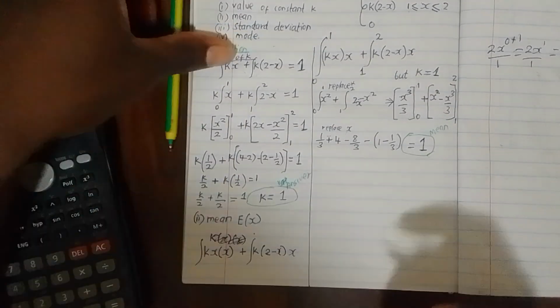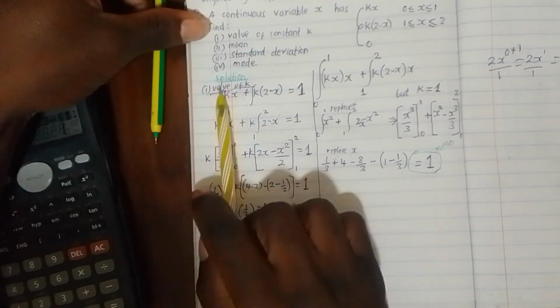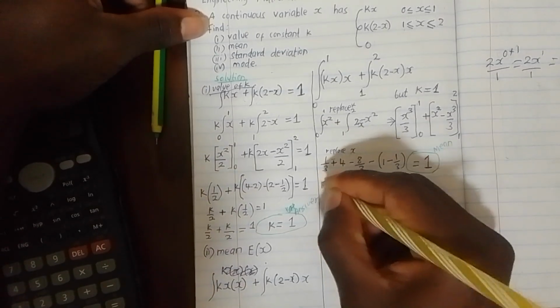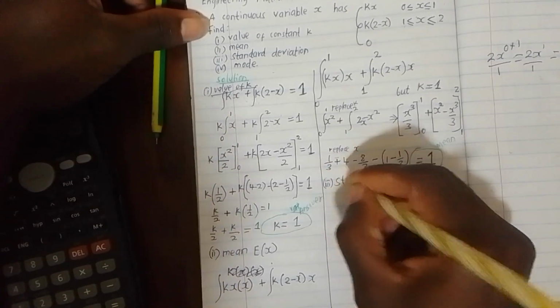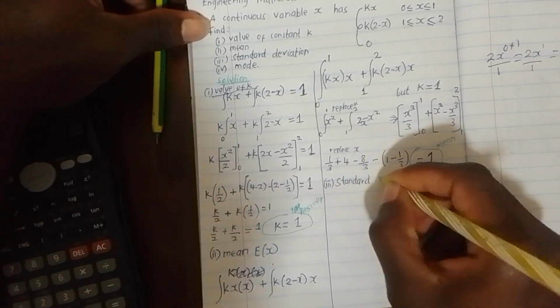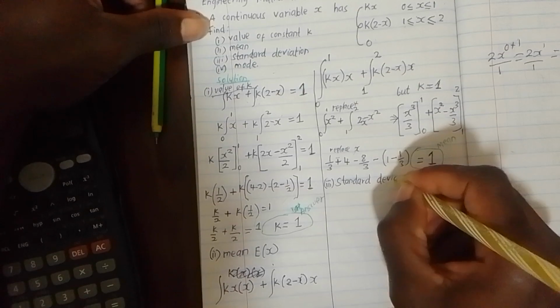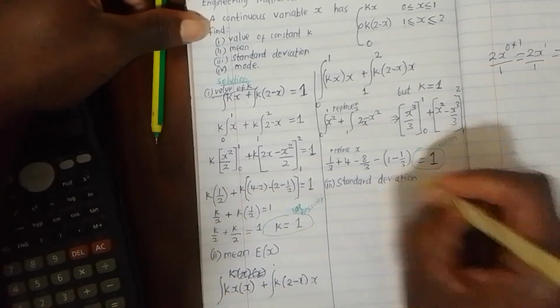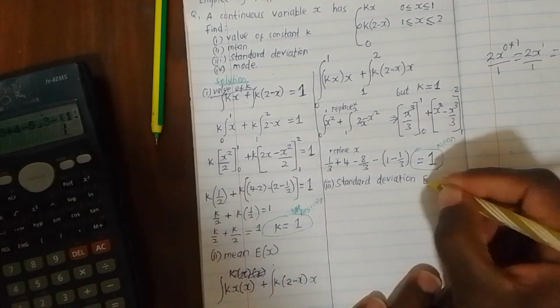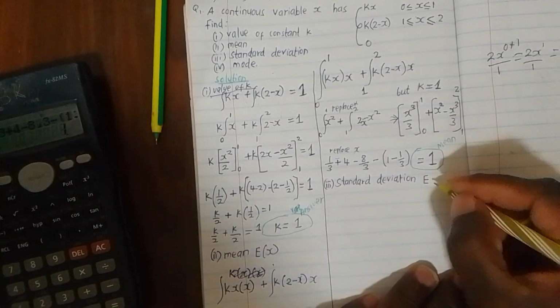So let's go to the standard deviation. The third one is standard deviation. Now it will be e times x squared.